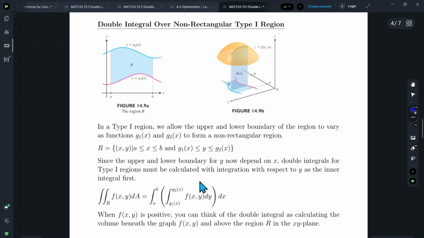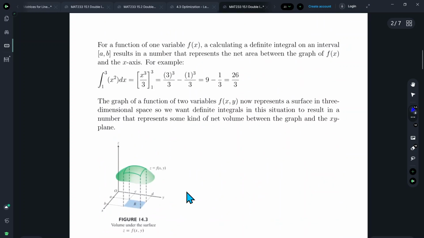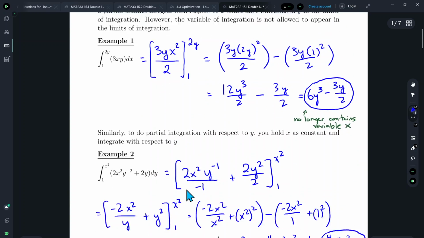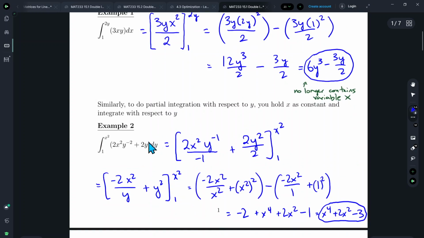So the inner integral is a partial integral, and if you remember back in the first page, a partial integral is allowed to have a variable in the limits of integration as long as that variable is different from the variable of integration.